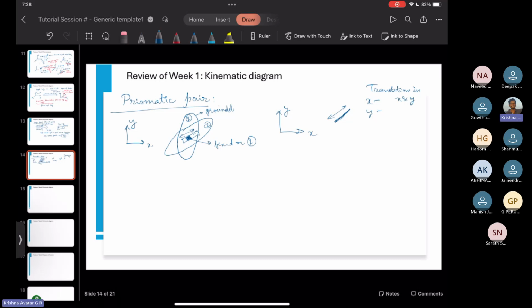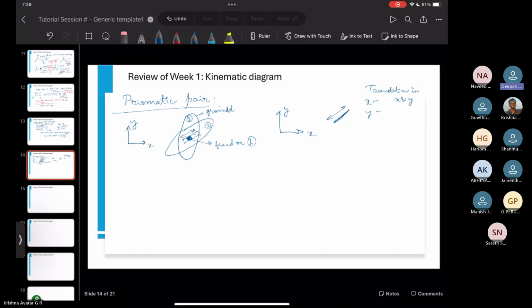Deepak, the translation is X and Y? Yes. So how many degrees of freedom does this have? It will be 1 degree of freedom. But you see, right? So why 1?